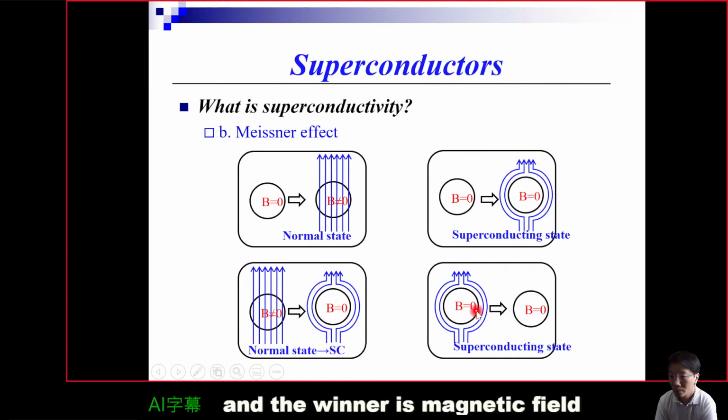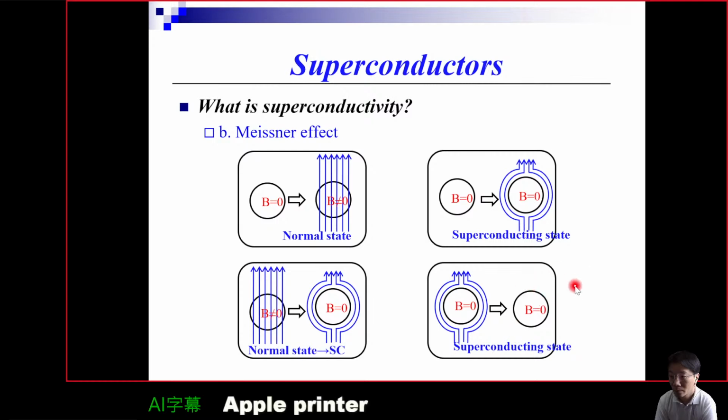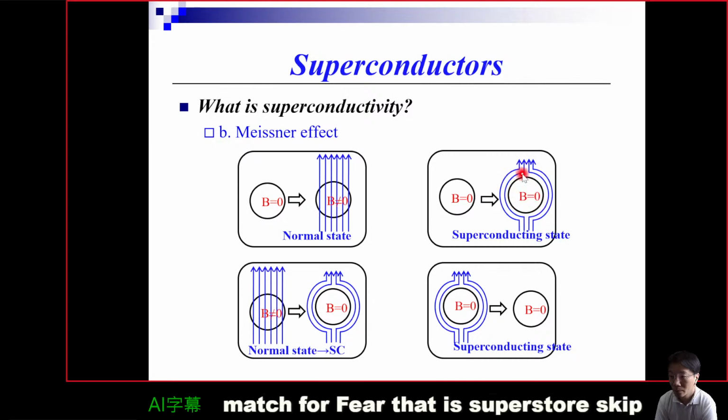If this one is a normal metal, when we remove the magnetic field, it will create an internal magnetic field to keep the magnetic flux constant, because Lenz's law tells you that they don't want any change in the magnetic flux. So these 4 phenomena we call the Meissner effect. So in short, the superconductor always keeps zero magnetic field inside its body.